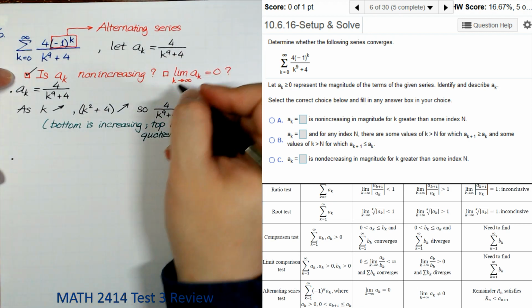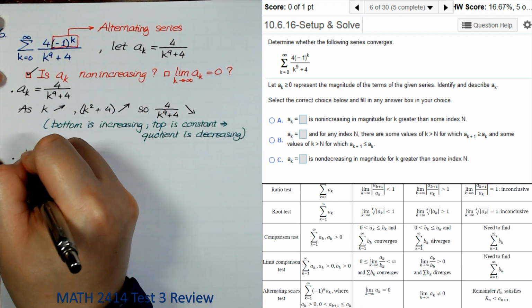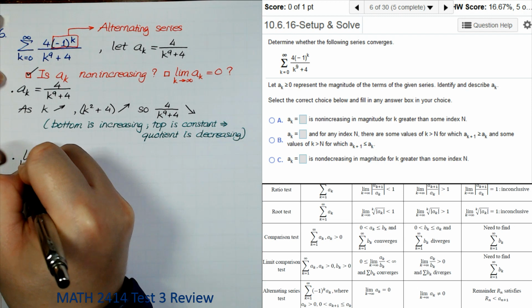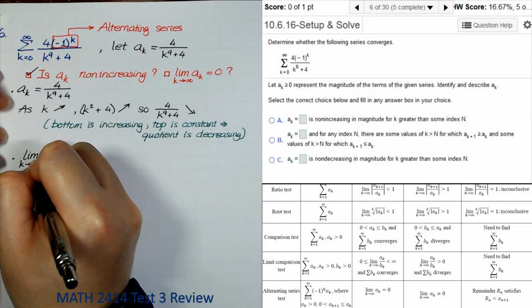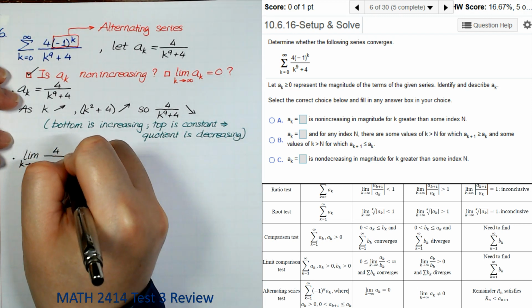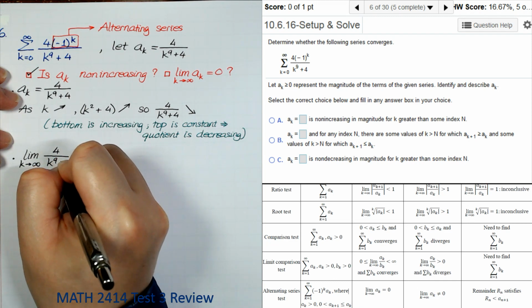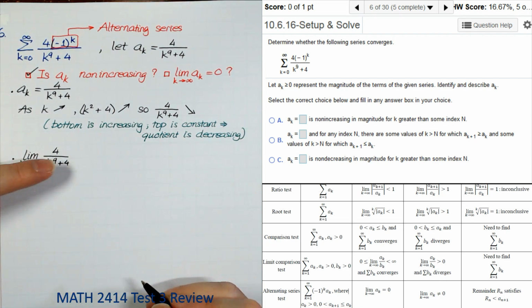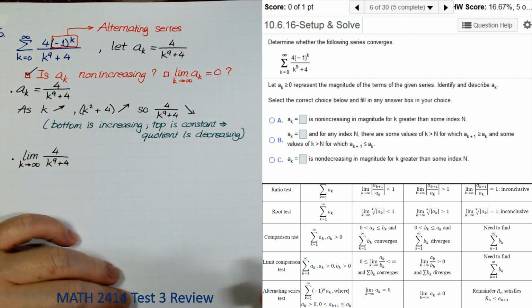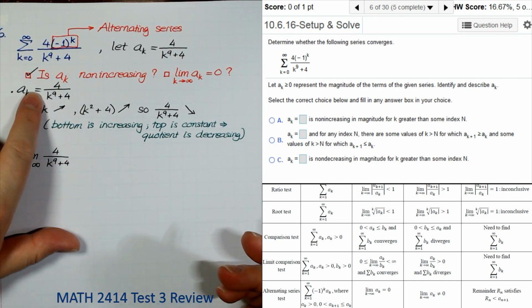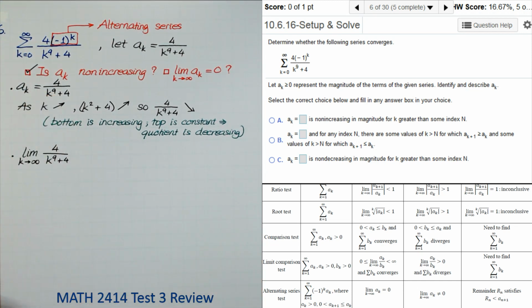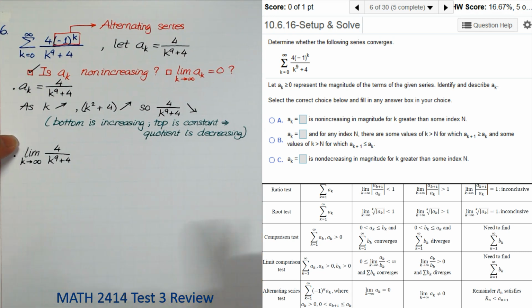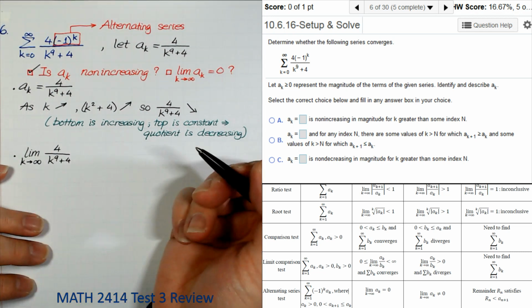Second, we check what is the limit as k goes to infinity. For something this obvious, we can just do that. If it is more confusing, then we actually have to take the derivative, because a negative derivative is equivalent to the function decreasing. Anyway, we take the limit.